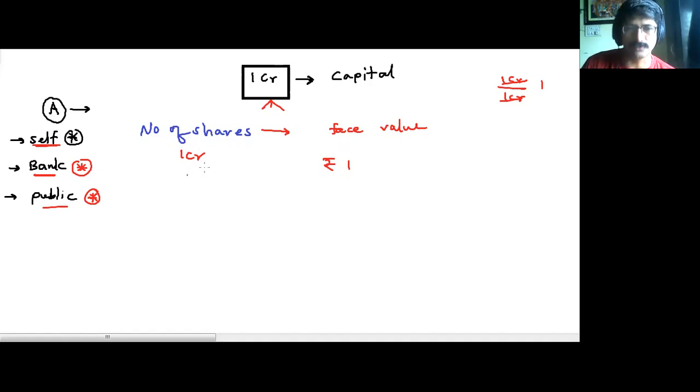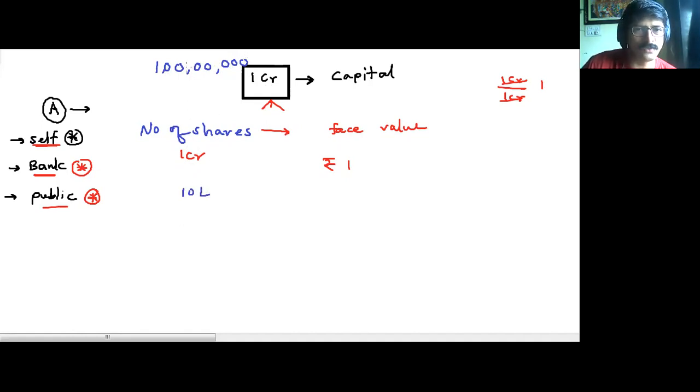Now this 1 crore can be written in figures like this: 1, 2, 3, 4, 5, 6, 7. Okay, these are hundreds and lakhs and crores. I hope you understood this. Now see, suppose we make that into 10 lakh pieces, 10 lakhs.